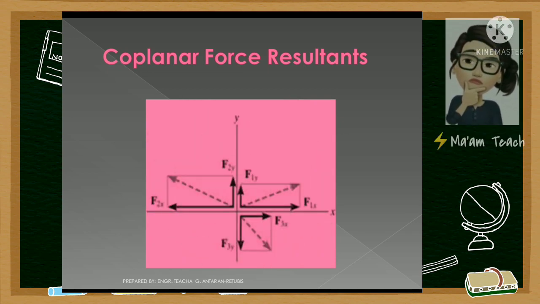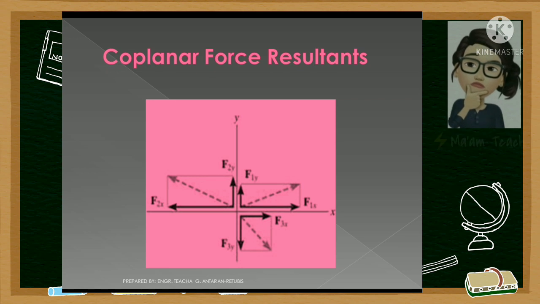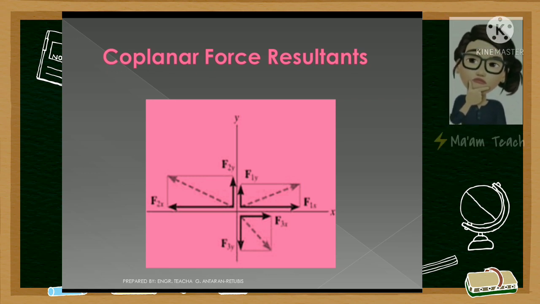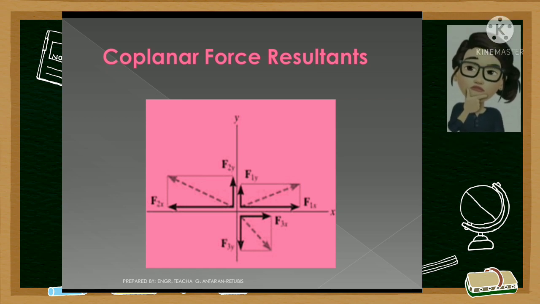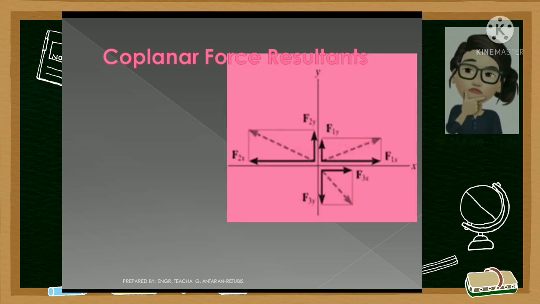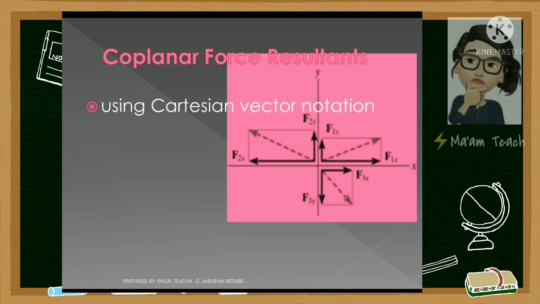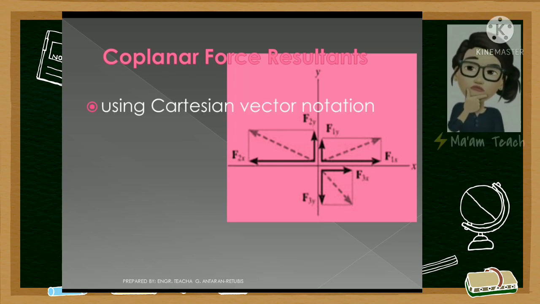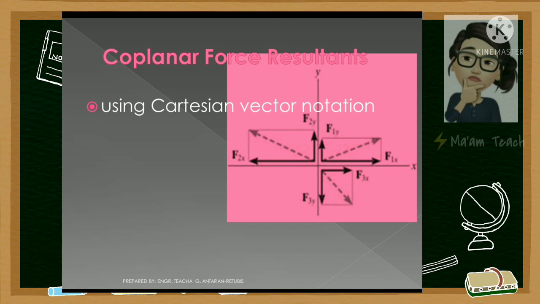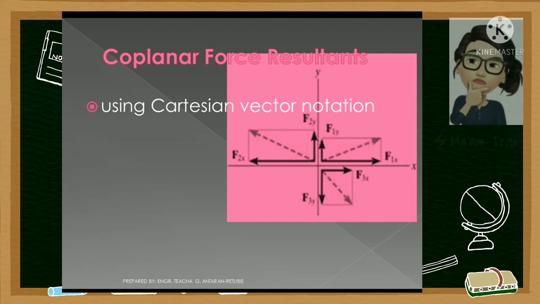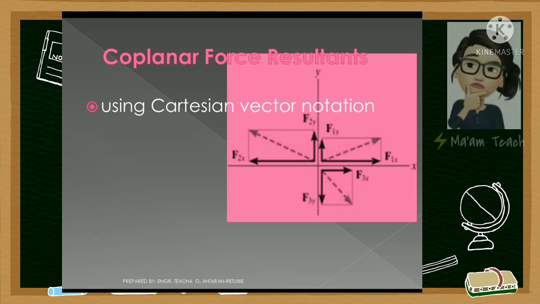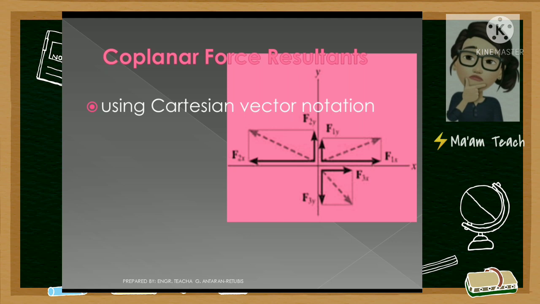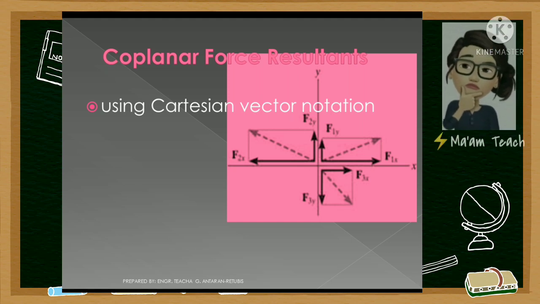You get their x and y components, and from that, we can express them either in scalar or in Cartesian vector notation. So if, for example, we want to use the Cartesian vector notation, using the x and y components of each force, we'll have three equations of our forces expressed in Cartesian vector notation.